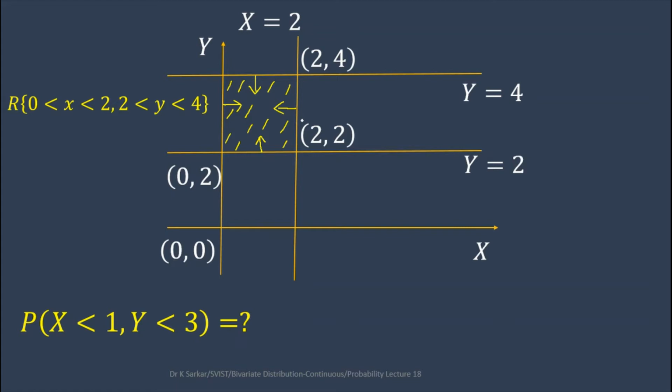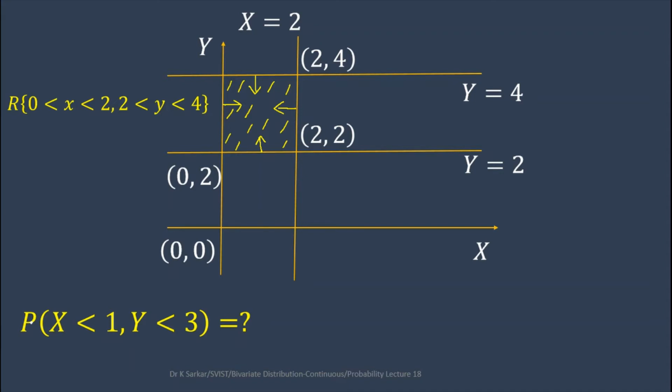So x less than 2 means the left-hand side of the x equals 2 line, and x greater than 0 means the right-hand side of the x equals 0 line. Then for y less than 4 and y greater than 2, the straight lines y equals 2 and y equals 4 are drawn. Y less than 4 means the downside of the y equals 4 line. Y greater than 2 means the upside of the y equals 2 line. So this shaded region is the given region in the question.